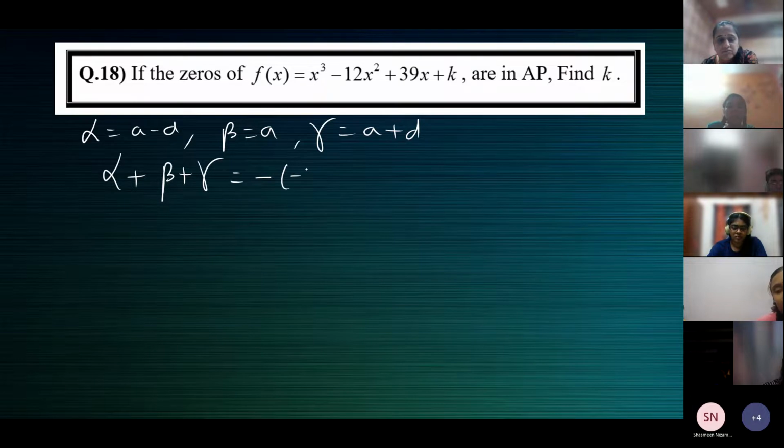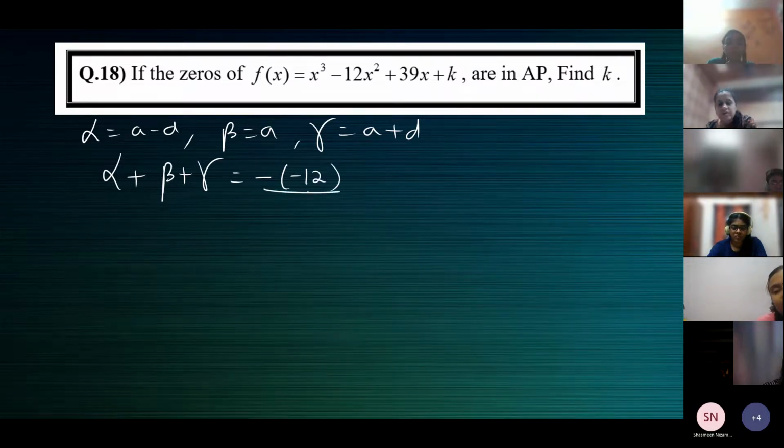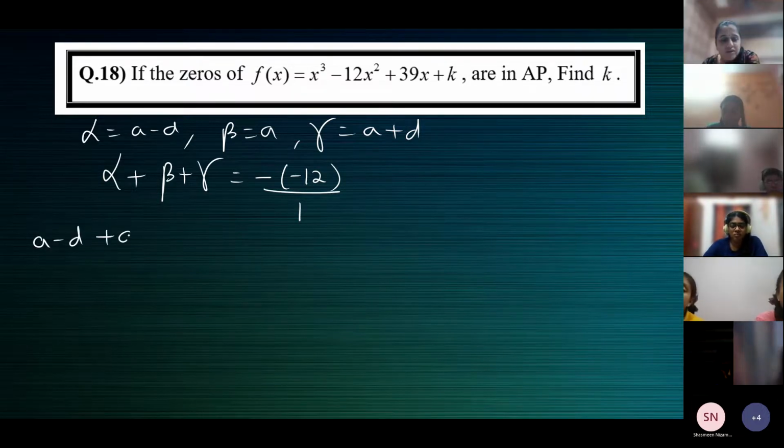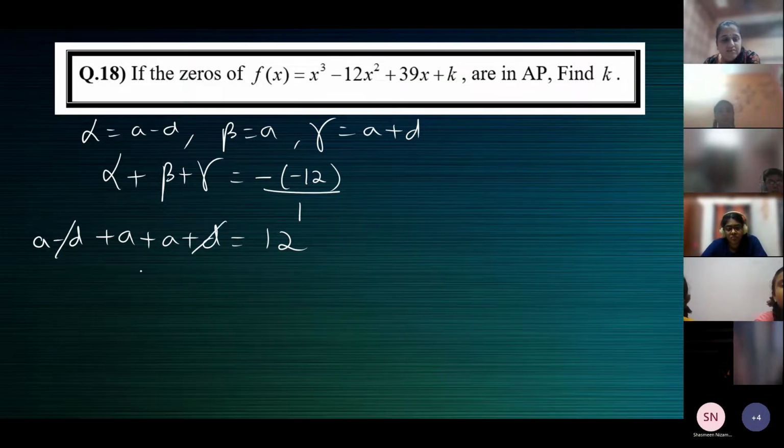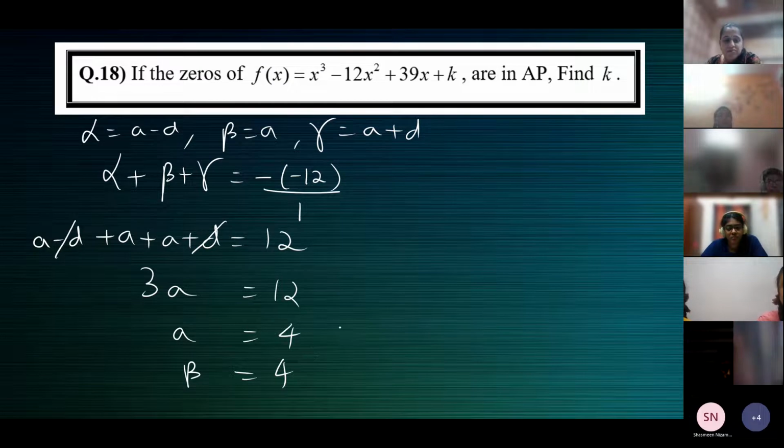Minus 12. What is the value of a? 1. So what is alpha? A minus d. What's beta? A. What's gamma? A plus d is equal to 12. So minus d and plus d cancel, so you get 3a is equal to 12, a is equal to 4. And who's a? Beta. Beta is equal to 4.